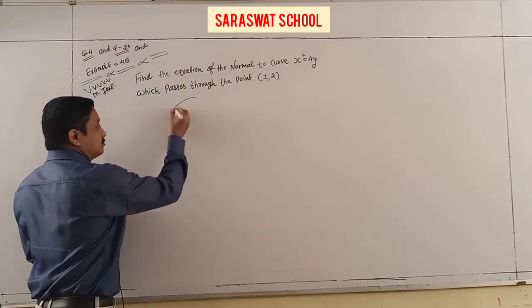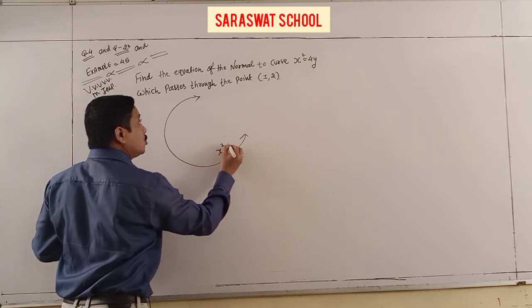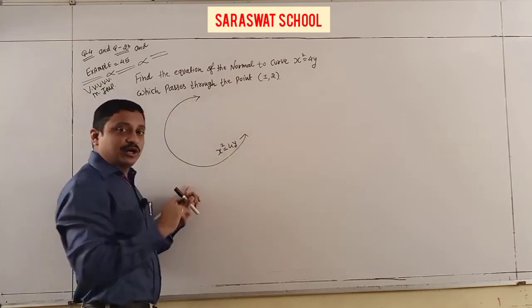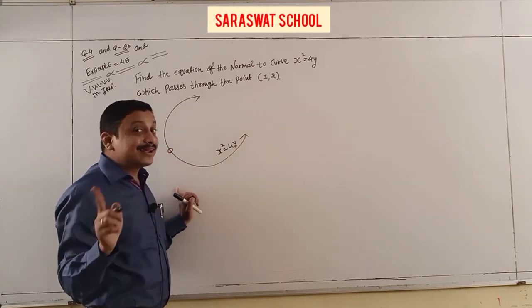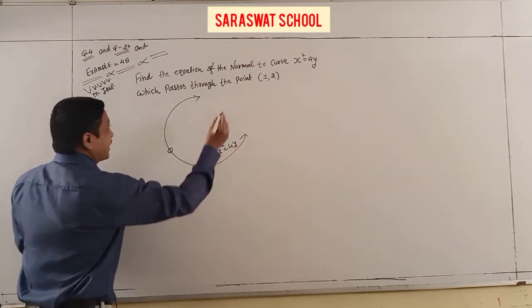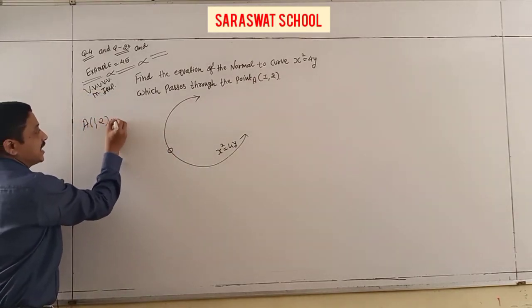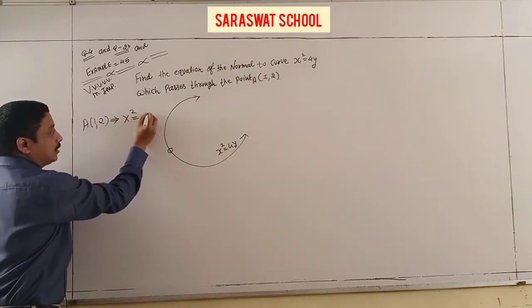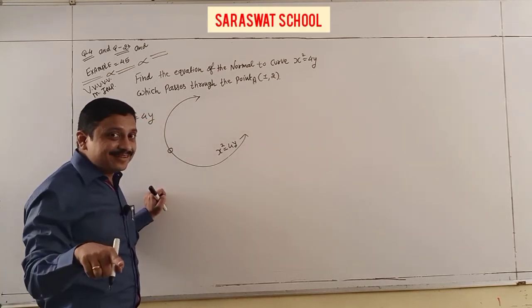Consider this your curve, given curve x square is equal to 4y, and given point 1, 2 may lie on the curve, or may not lie. So I just check this point, consider it A, and check whether the given point lies on the curve or not. Compulsory checking. Yes.